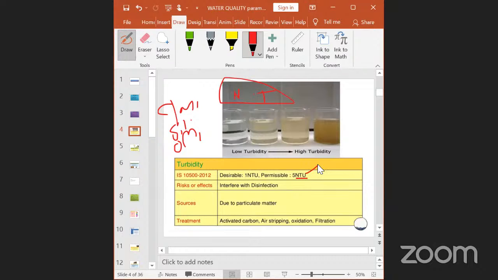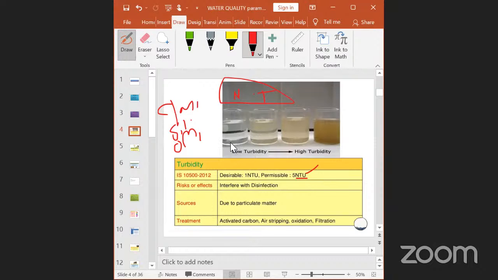Drinking water should have turbidity less than 5 NTU. This is the permissible limit.